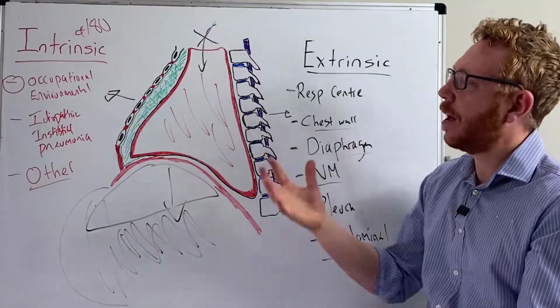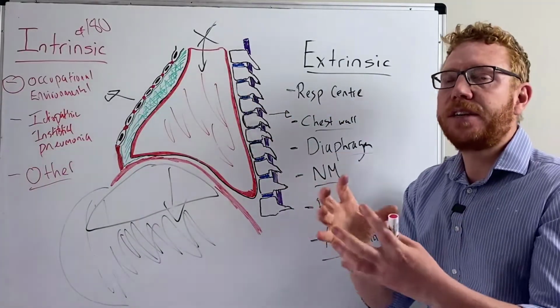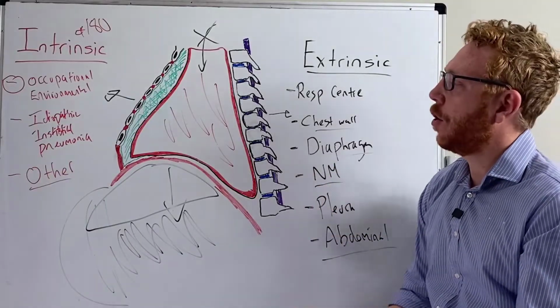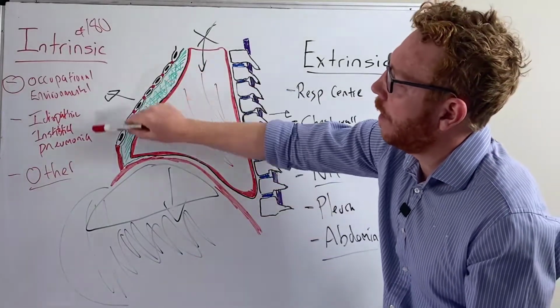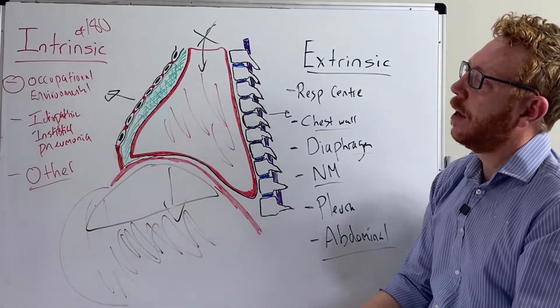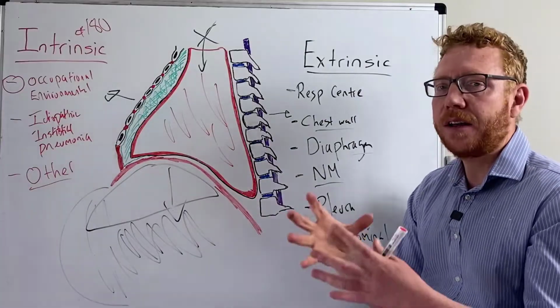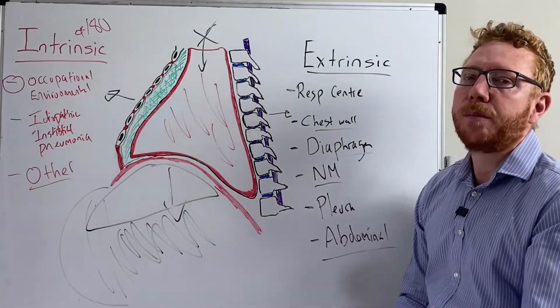So a lot of fibroblasts, a lot of collagen is put down and makes the lung very stiff, very rigid and non-compliant. So really all these conditions, even though they are quite different in terms of their cause, the fundamental outcome is that the lung becomes scarred and stiff and non-compliant.